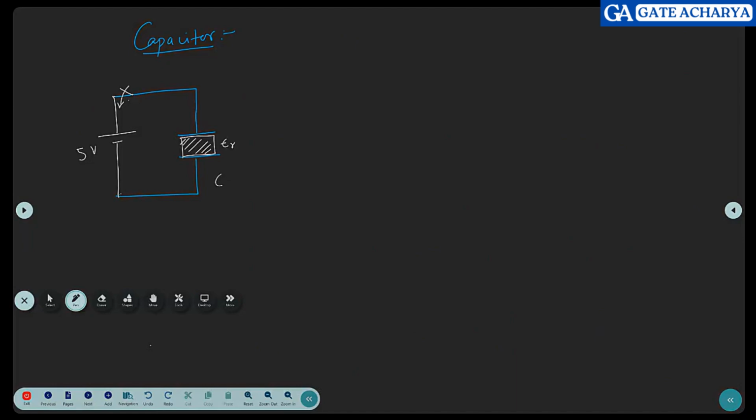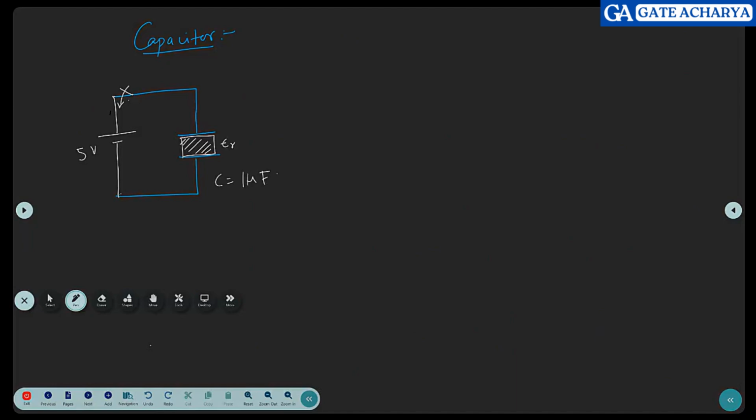Let us say the capacitor is 1 microfarad. If I close it, what will happen? This is a DC source, constant DC source, 5 volts. If I close this switch, what do you think will happen?